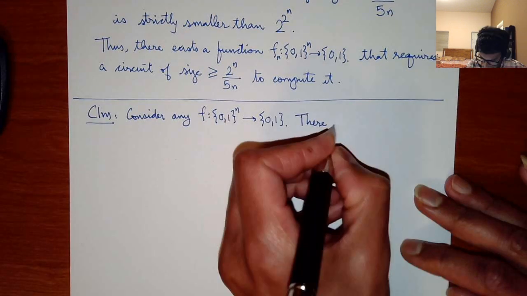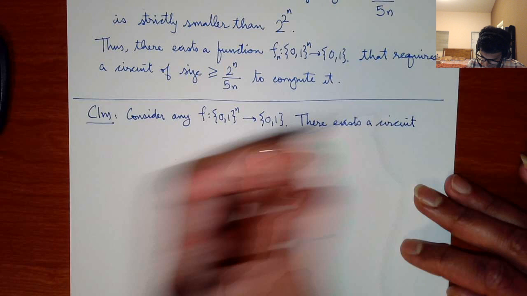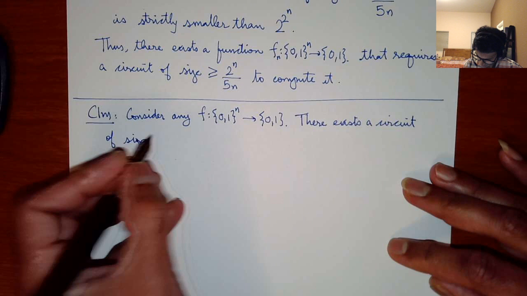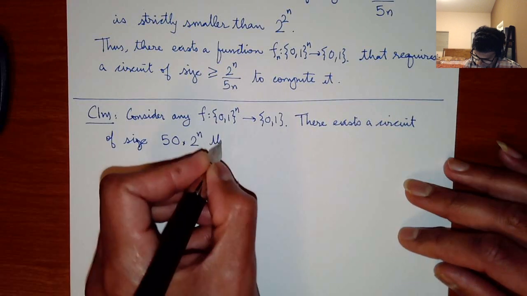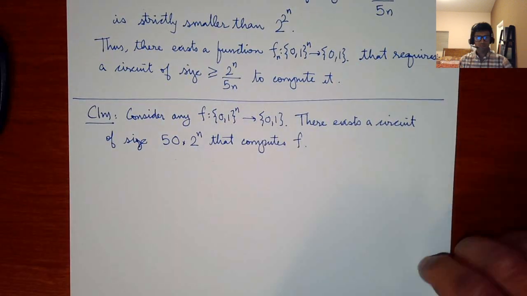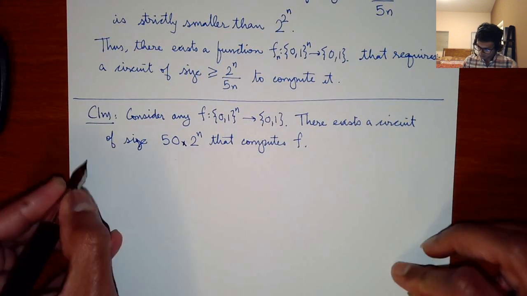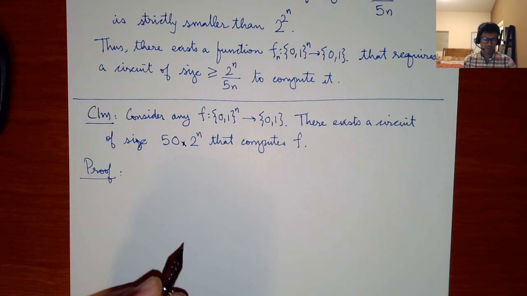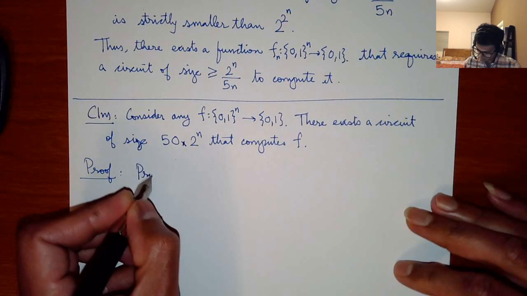There exists a circuit of size, and I'm just going to put some arbitrary constant to help me out here, 50 times 2 to the n, that computes f. This is not a very surprising bound. You might say, well, of course, for every entry of the truth table, you have a bunch of gates that handle that entry. And indeed, the proof is by induction.